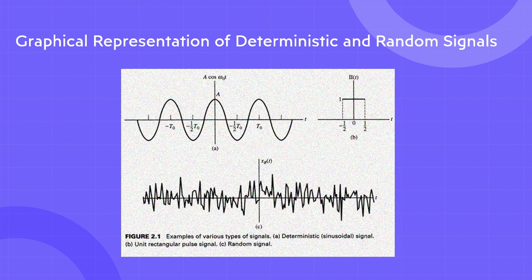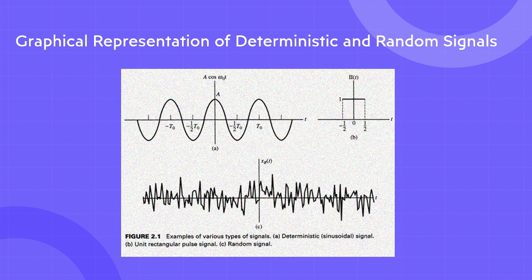But look at this signal C, right? Can you represent the C signal with the help of any mathematical formula? Probably you won't be able to represent this signal with the help of any mathematical formula, right? Even if you want to, you will need too many polynomials and too many degrees of them, and the whole formula will become too complicated.